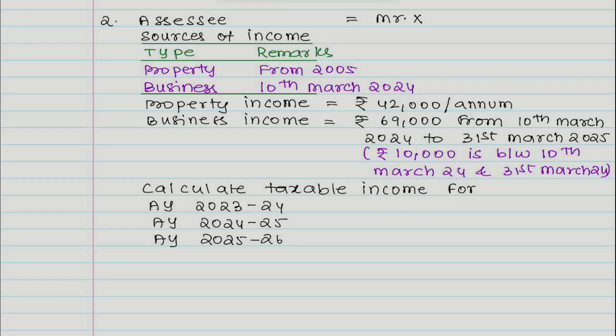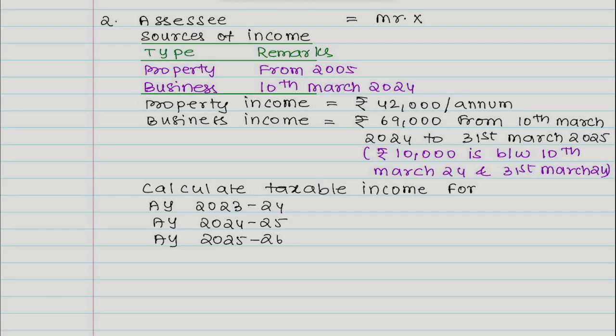Now answer. First, assessment year 23-24. Assessment year 23-24 means previous year 22-23. In the previous year 22-23, do I have any business income? No. I have only property income. So tell me, what is my property income? 42,000. First answer completed. Taxable income is 42,000.